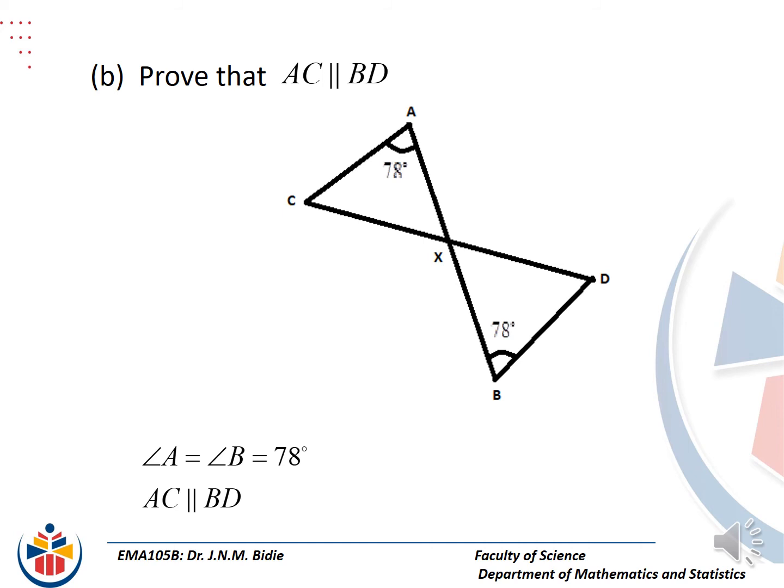We go to B. Again, we're proving AC to be parallel to BD. Note that we cannot assume they are parallel until we have proven alternate angles, corresponding angles, or cointerior angles. In this one, that's the easiest one that we have so far. We have angle A equal to angle B, given.